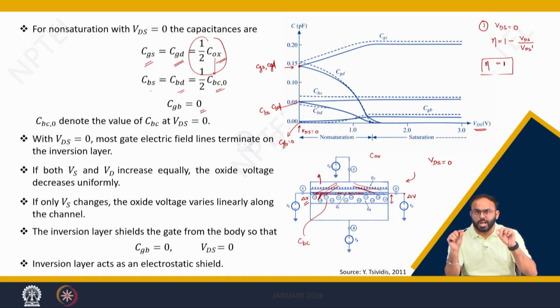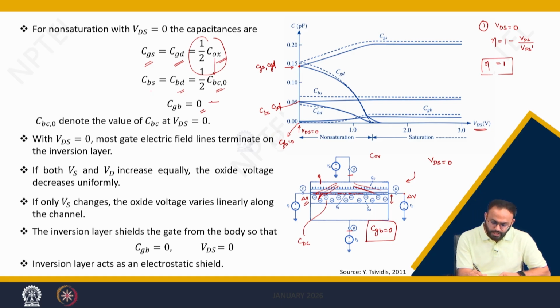So that inversion charge completely shields the gate electric field, and hence the effective capacitance measured between gate and body will be what? CGB is 0. That is the physical reason to get CGB is equals to 0, right? So we mark these 5 points here.